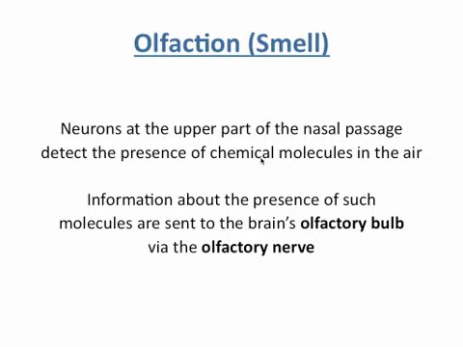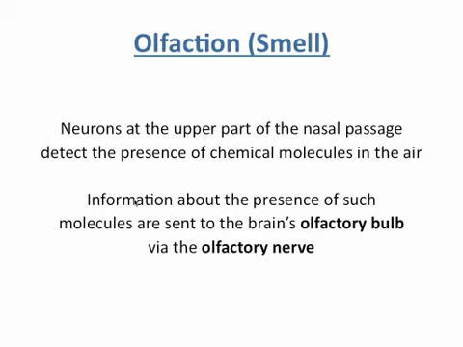So a rose smells the way it does because it releases molecules that bind to these neurons at the upper part of the nasal passage, and those neurons send a message off to the brain saying, hey, you're smelling a rose.